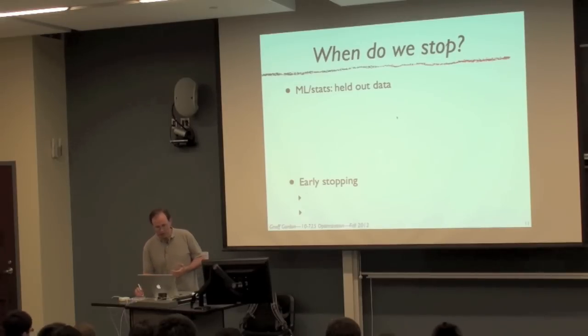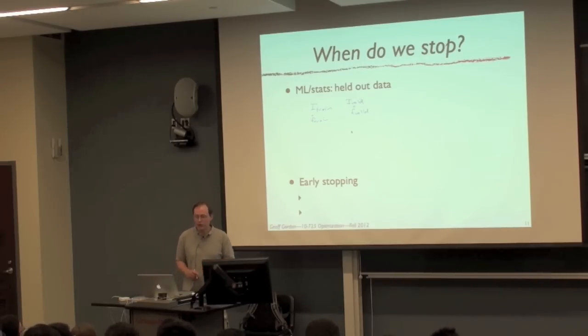What will typically happen is we sample two samples. Instead of just one sample I, we'll sample I train, and we'll sample another one called I validate. We'll use this one to make f hat train, and we'll use this one to make f hat validate. We'll use f hat train to compute the gradients.